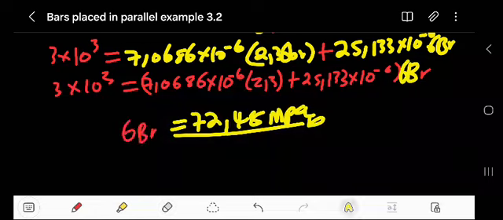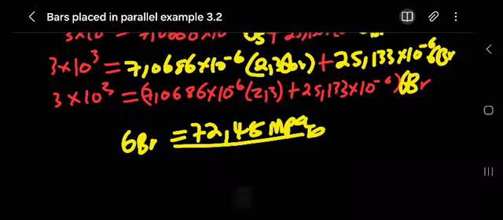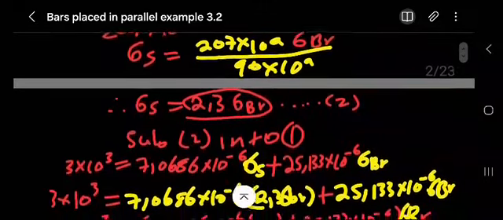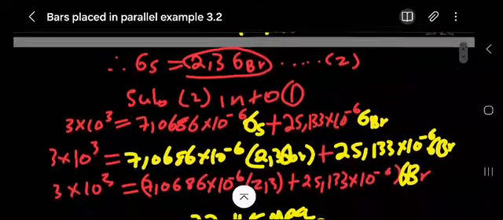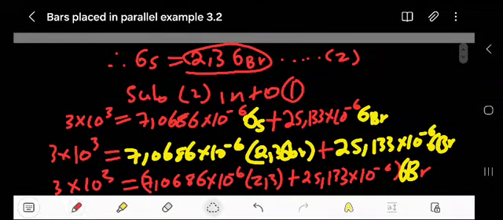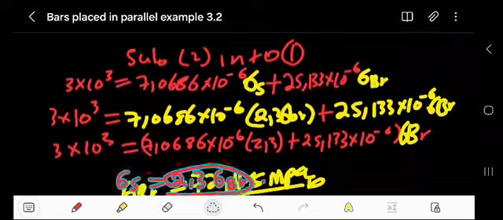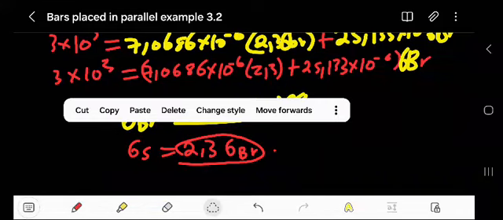As you can see, guys, therefore we have to find the stress of the steel again. We can use this equation too. Remember, we had that equation too. You can substitute there.